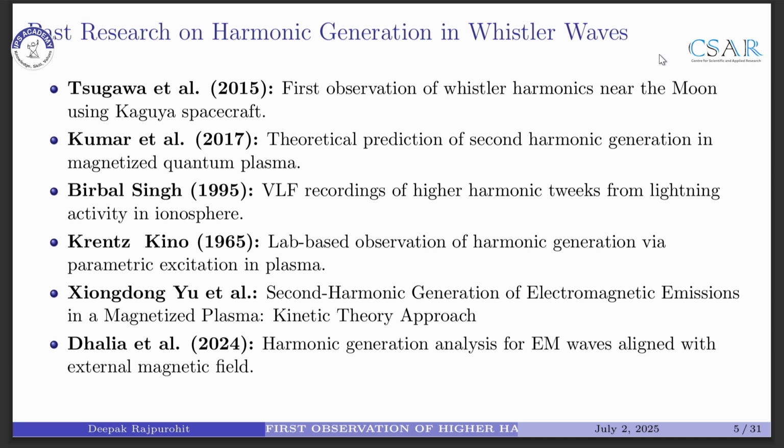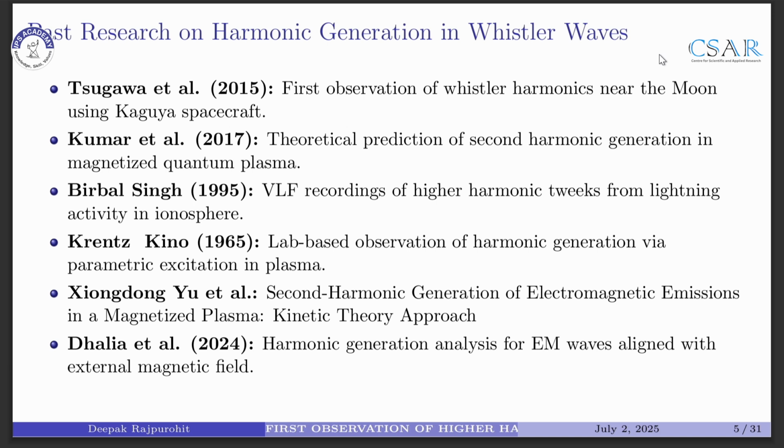Then in 2017, a professor from the University of Lucknow first predicted higher harmonic generation in quantum magnetized plasma. Then in 1995, Birbal Singh, a professor at Agra College, detected higher harmonic tweaks from lightning activity in the ionosphere, and he reported these as harmonics of Whistlers.